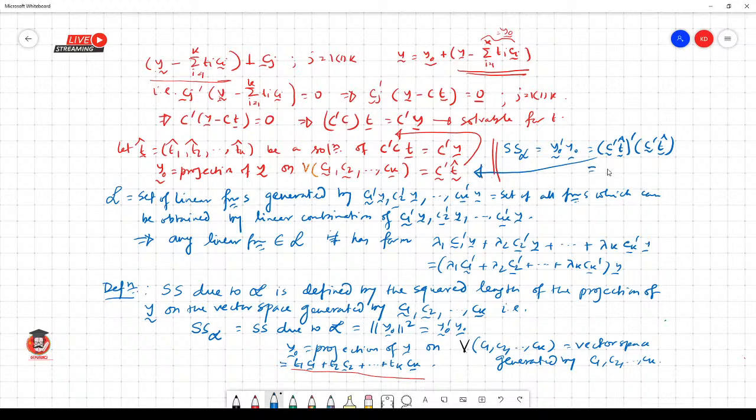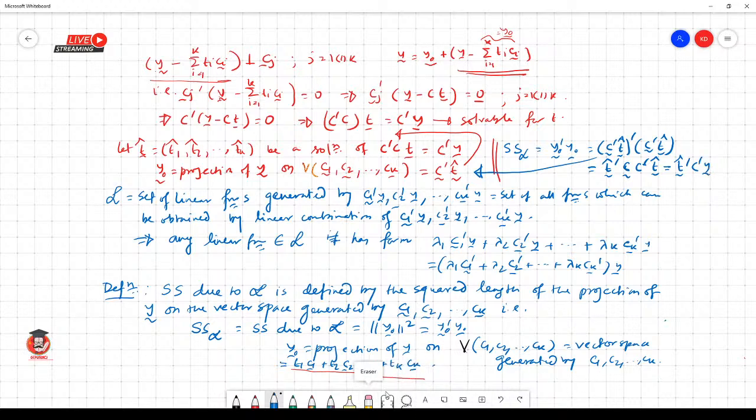So therefore t curl prime hat c prime c t curl hat, and simply we write this as t curl prime hat c prime y curl.